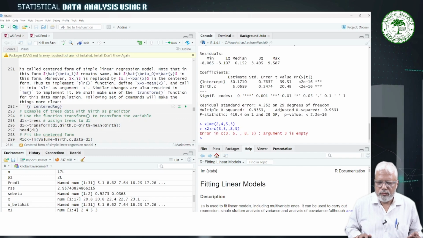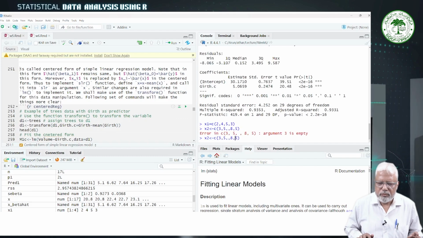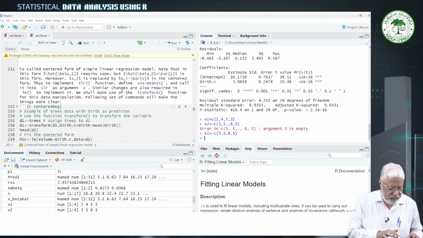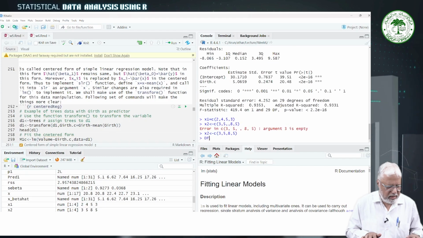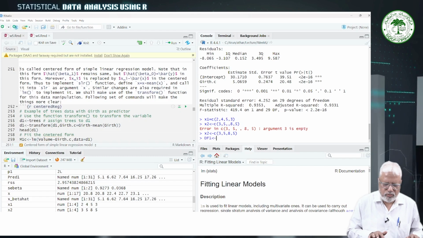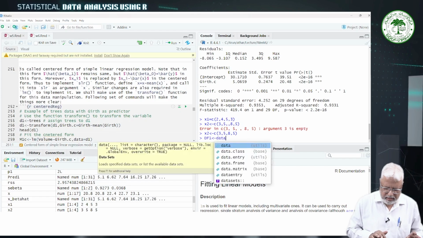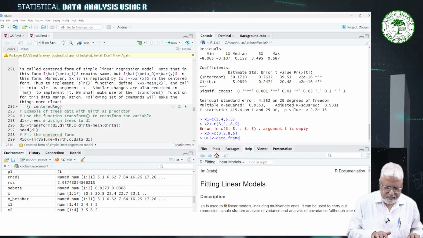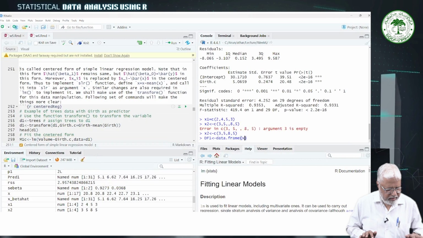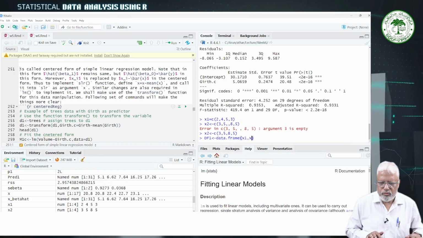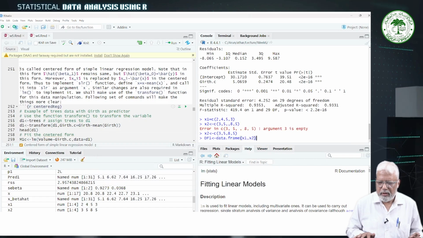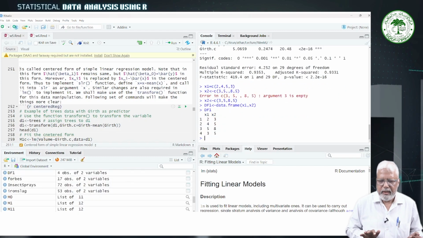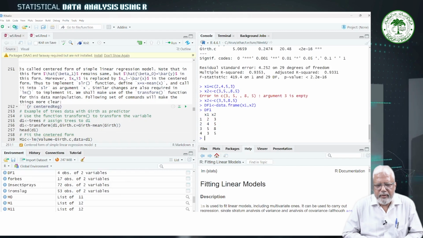So we have defined these two vectors. Now we can make a data frame df1 is equal to data dot frame of x1 comma x2, and this is the data frame df1.